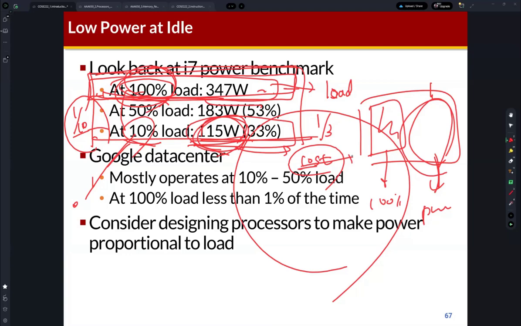Also, another reason is static power. As I mentioned, the CPU also consumes static power. Which means that even though the CPU is not working, the CPU consumes power. Okay. So that's why even though the workload level is low, a computer system consumes power.